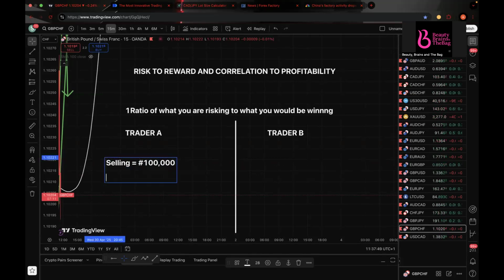Trader A is buying his item from an online vendor for 50,000 naira. So that means his risk to reward ratio, the amount he is risking to the amount he is winning, is 1:2.